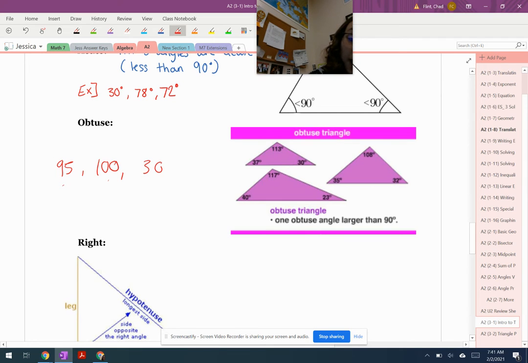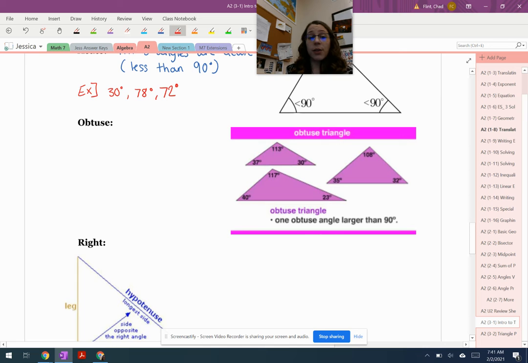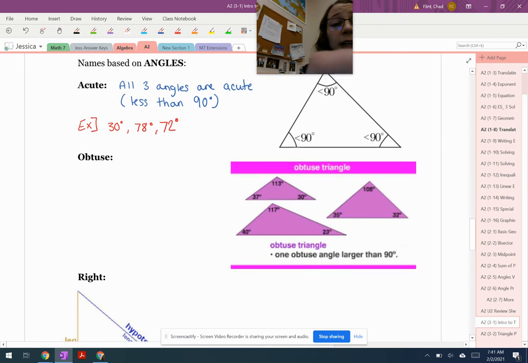Well, 100 plus 95 is already over the 180 limit for the degrees, so that wouldn't work. So an obtuse triangle has one obtuse angle.